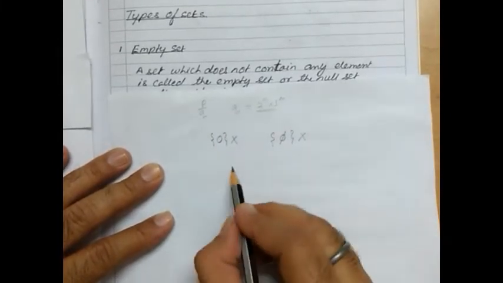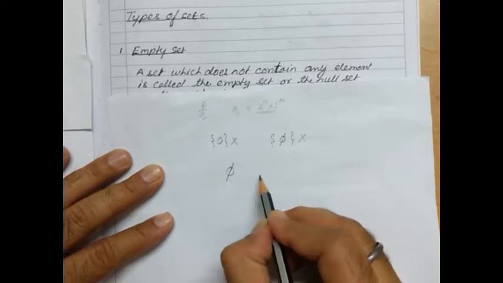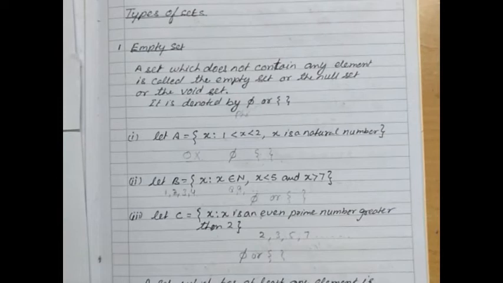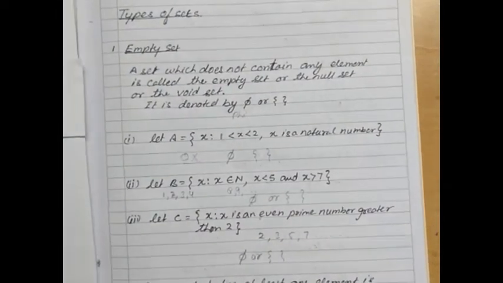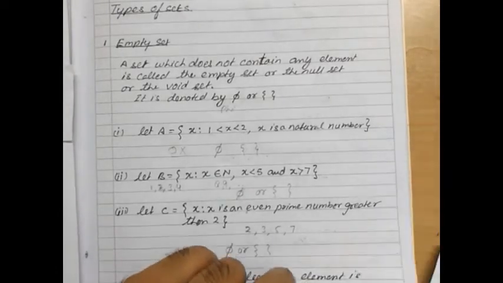The empty set will be represented only by phi or empty braces. These two are the correct ways to define it. Clear? And if there is any element present in the set, it will not be called an empty set, but it will be called a non-empty set.